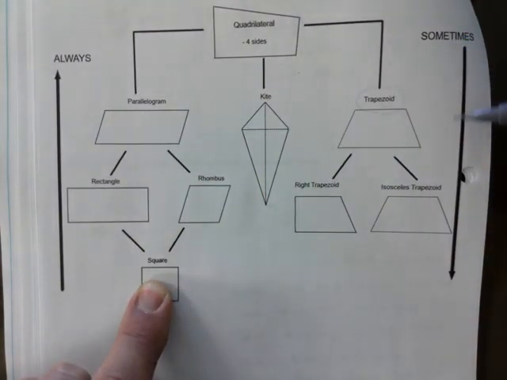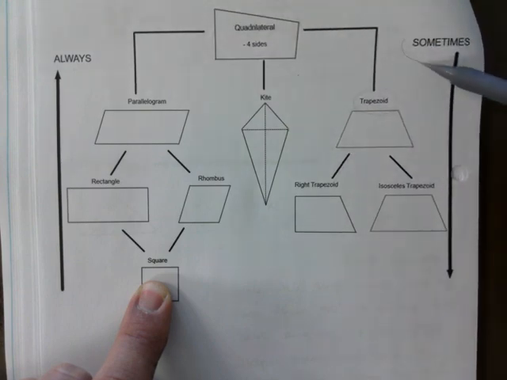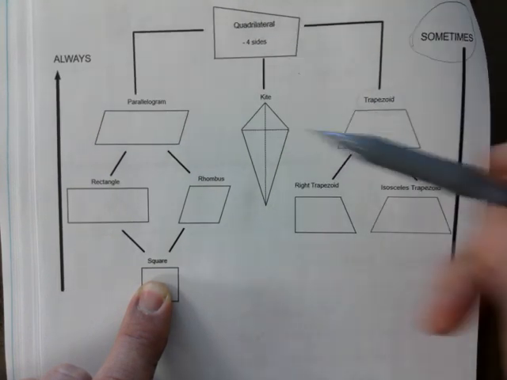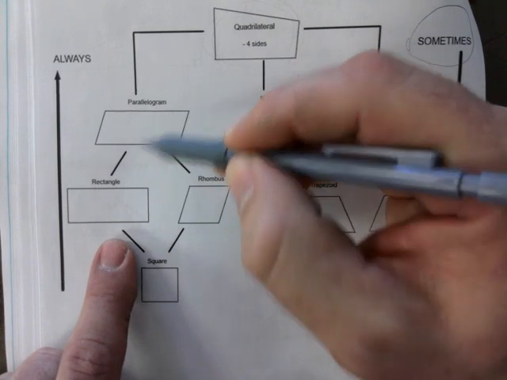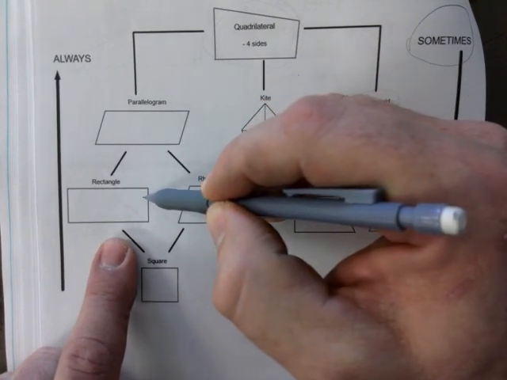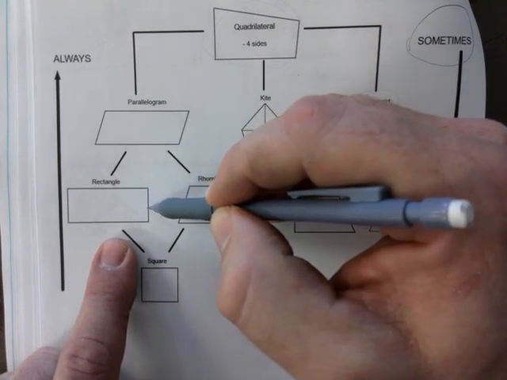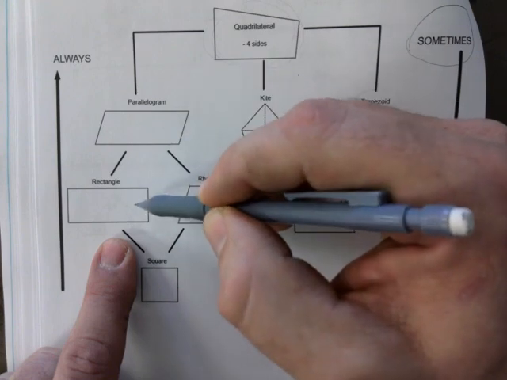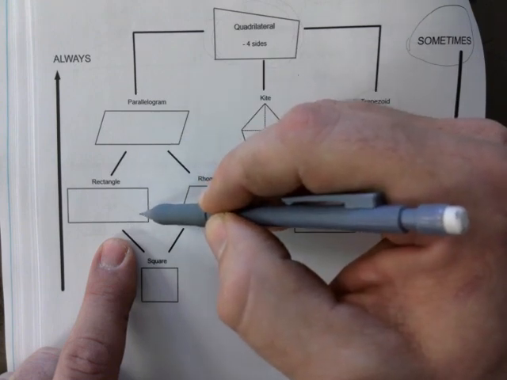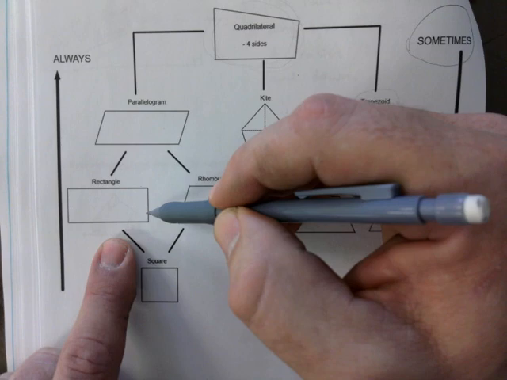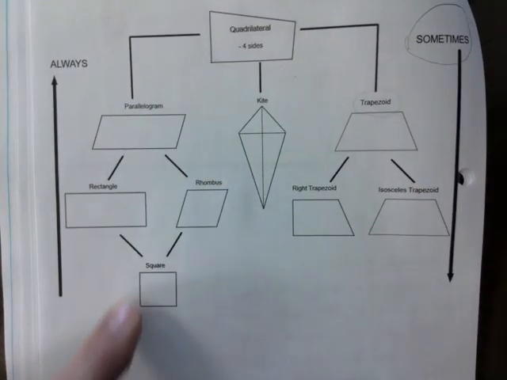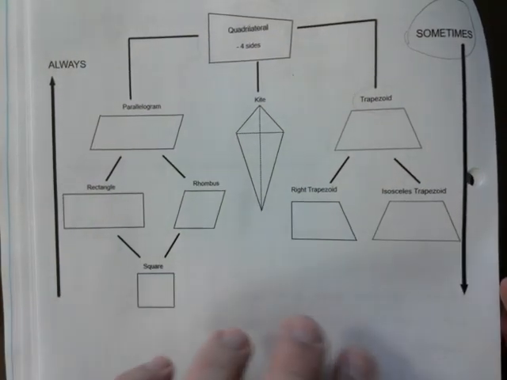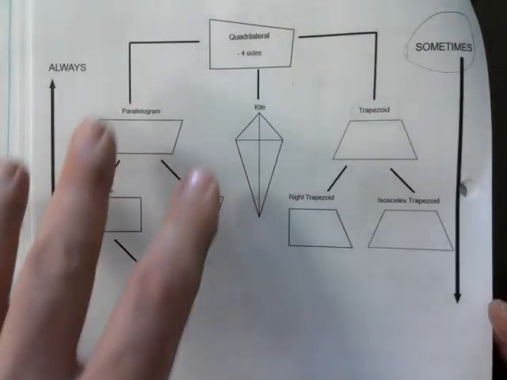But when you go downstream, we say sometimes. So if I ask you, a parallelogram is always a rectangle, not really, not always, right? It would have to meet the criteria for that rectangle. So up always, down sometimes, okay? So watch for that. Let's go and talk about a bunch of properties.